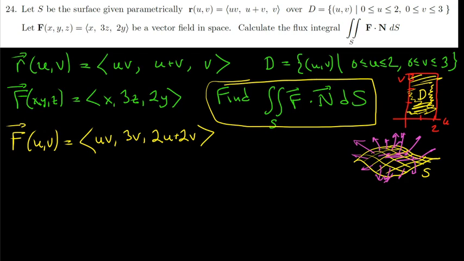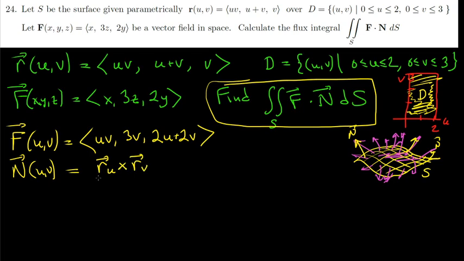What else do we need? We need the vector n. Remember, n stands for normal vector, and this could also be a function of u and v, since different places along the surface have different normal vectors. So how do we find that? In terms of u and v, it's the partial of r with respect to u, cross the partial of r with respect to v.